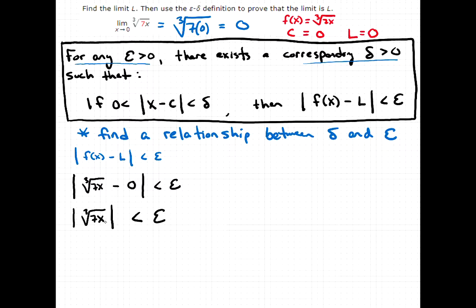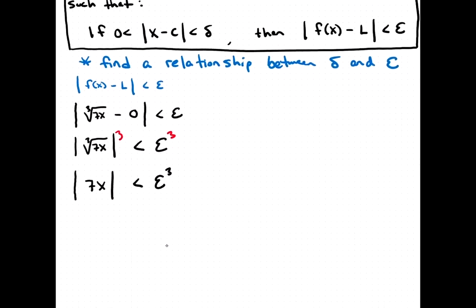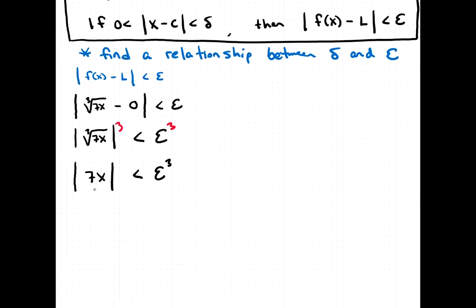We need x by itself here, so we need to get rid of the cube root and get rid of the 7. What we can do is cube both sides. Then we'll have the absolute value of 7x is less than epsilon cubed. We're almost there. To get rid of the 7, we can divide by 7, or multiply both sides by 1 over 7.